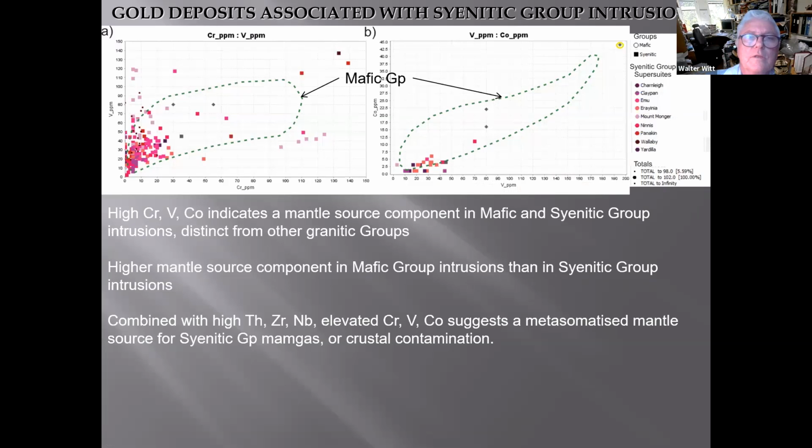Nevertheless, the elevated chrome in the syenitic group intrusions suggests a mantle source component, supporting the observation of the microgranitoid xenoliths at Handorf Bore. Combined with the high thorium, zirconium, and niobium, it suggests a metasomatized mantle component for the syenitic group magma, or possibly crustal contamination of a mantle-derived magma.